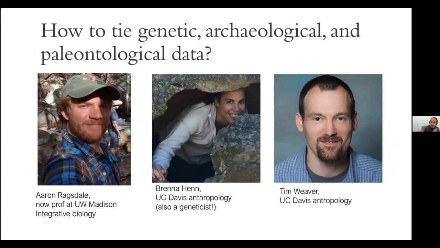We've been trying to work together to define what the anthropological record tells us, and how we can test these different models that are consistent with that record using genetic data. Brenna and Tim went and read this literature and tried to come up with models that people had proposed.